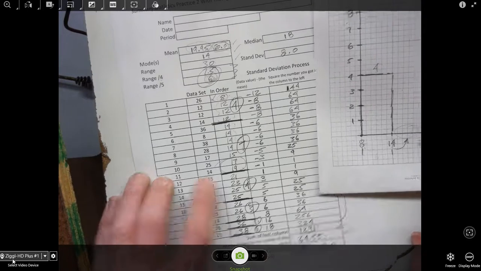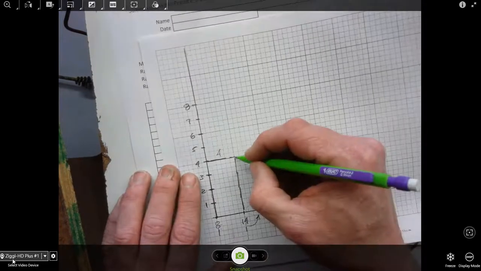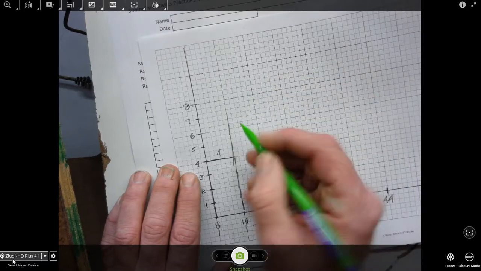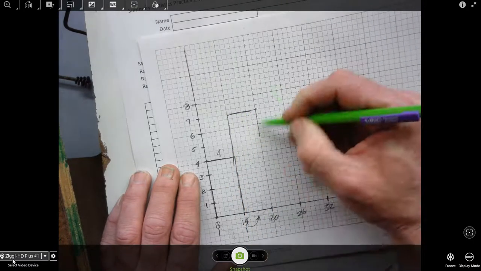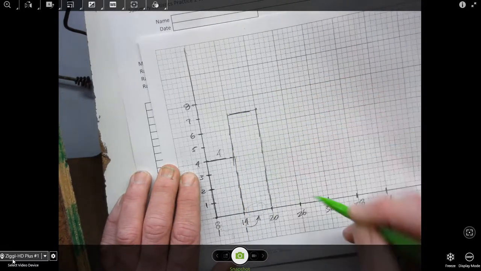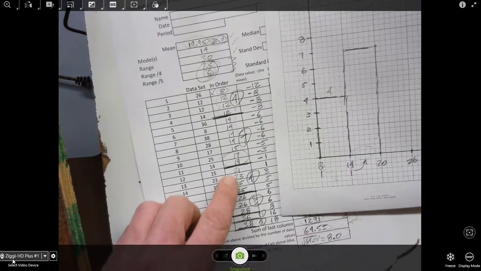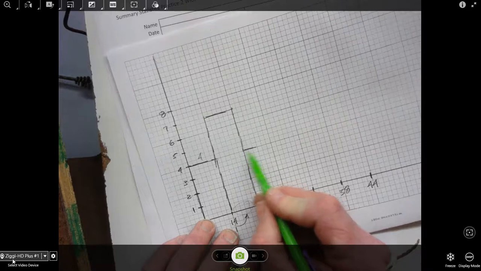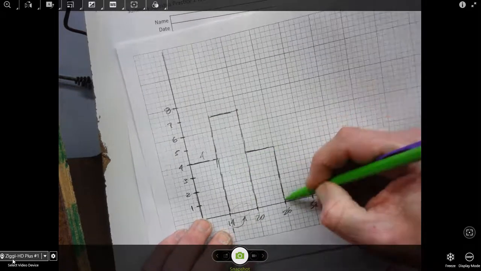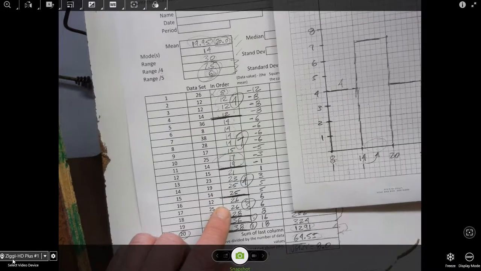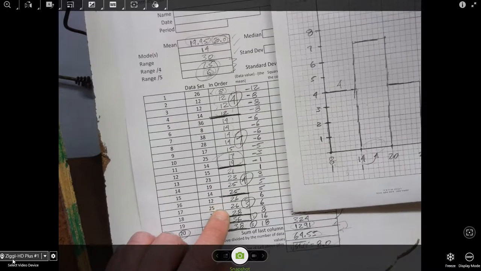So I have 7 in the second one. So 4, 5, 6, 7 goes up to here. And then in the next range, 20 to 26, I only have 4 numbers in there. And the next one, which is 26 to 32, I have just 3 numbers.